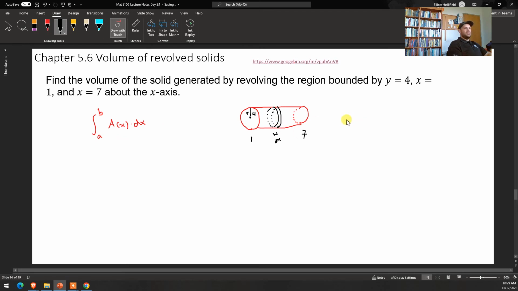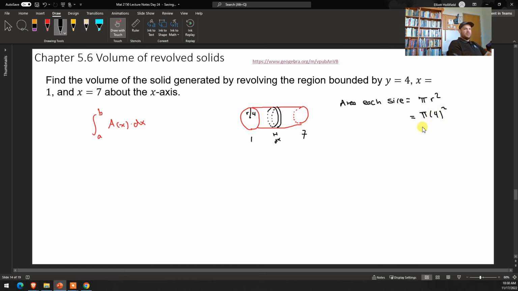So what is the area of each slice? Well, since it is a circle, we get that each slice has area pi r squared. So that's equal to pi times 4 squared.